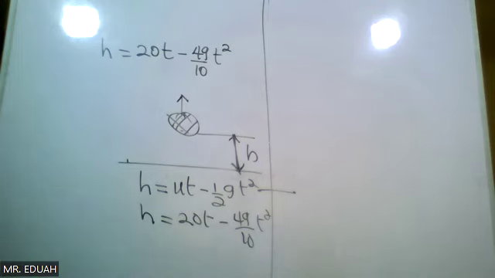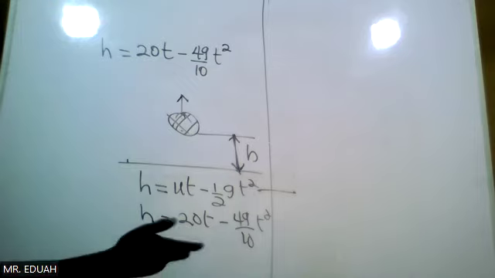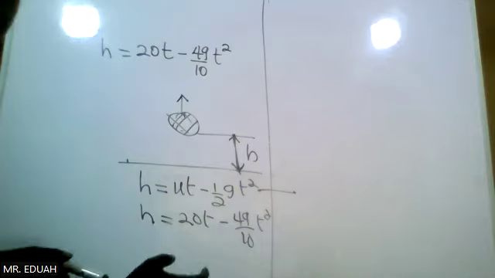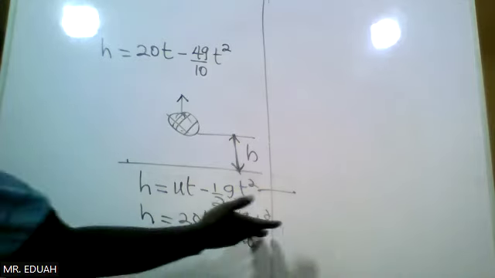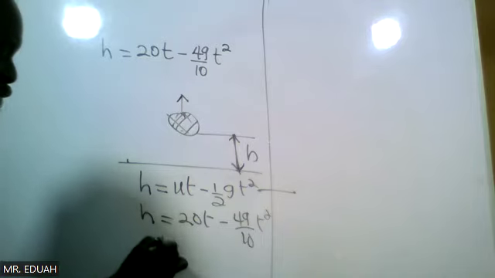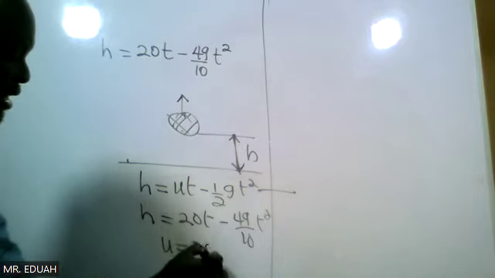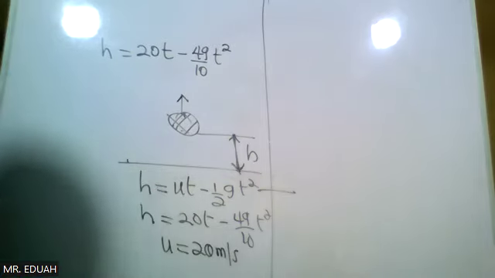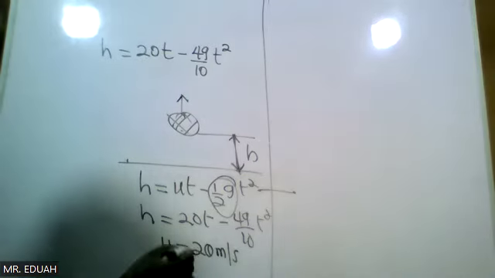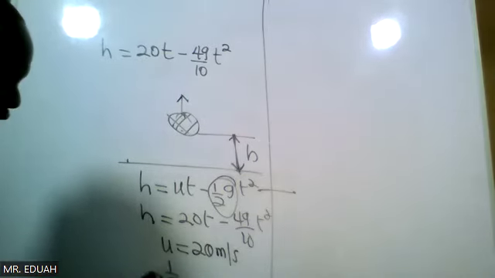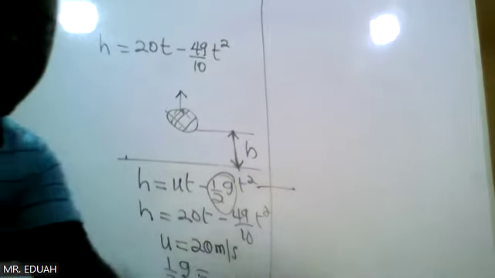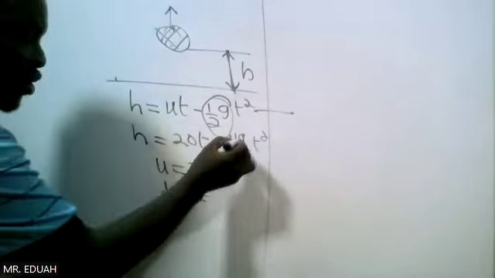Thank you. All right. So when you compare the general formula to what the question gave us, you can deduce that u is equal to 20 meter per second. Then this part, half g is also equal to 49 on 10.